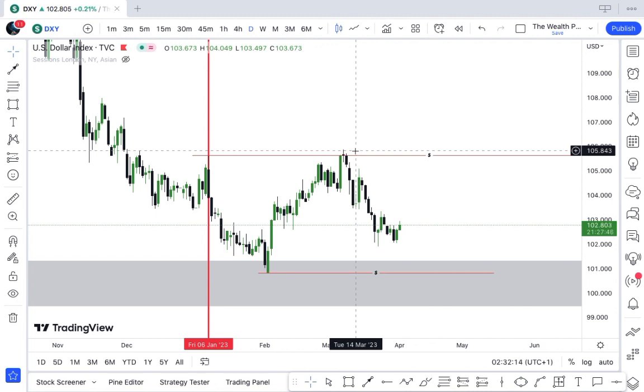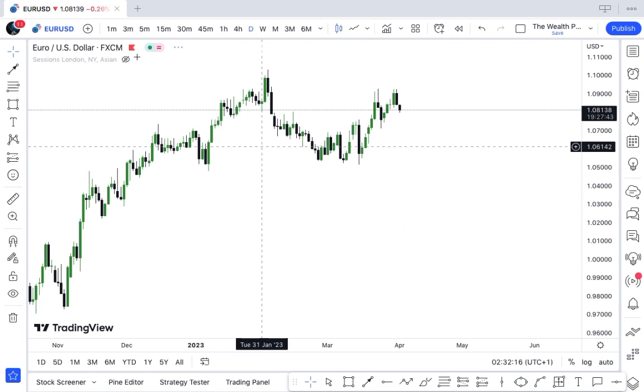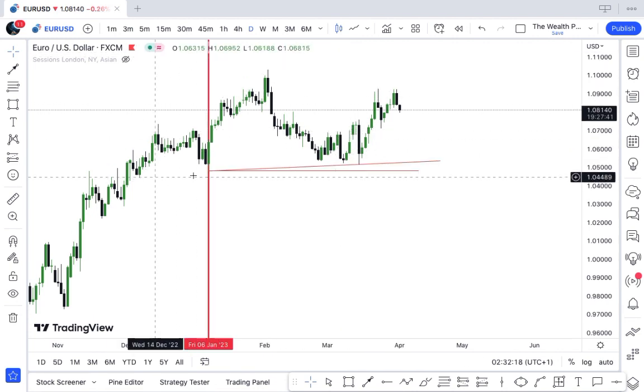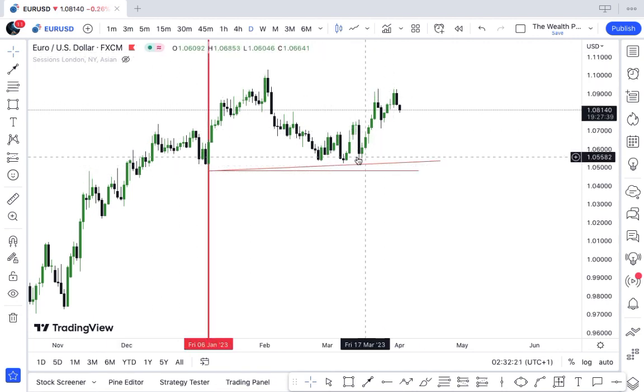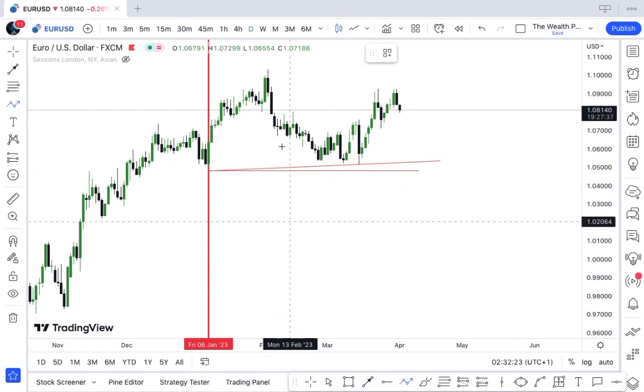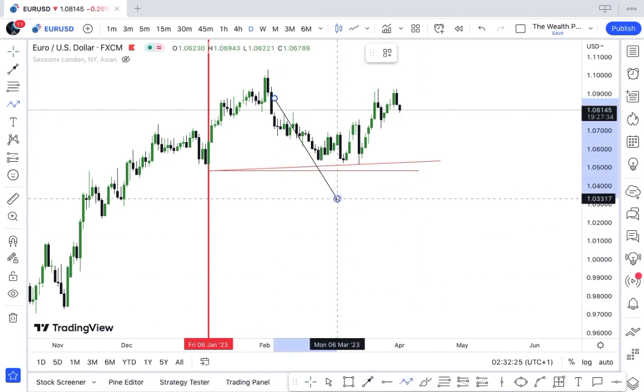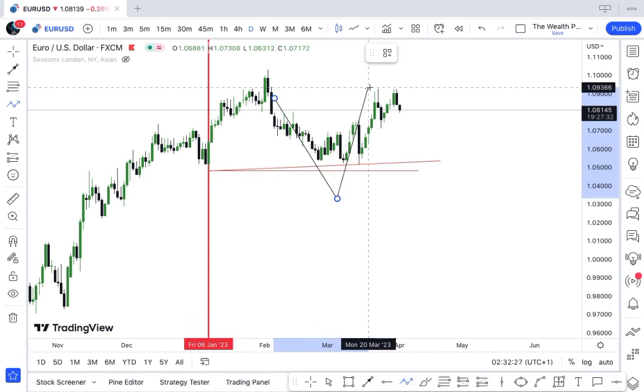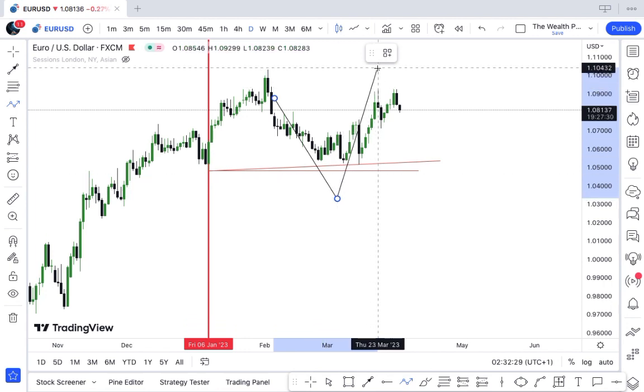Now when you consider it alongside what it has done here, you see that, of course, if we're looking at the correlation, we'd expect a low to form and then price to keep on going up.